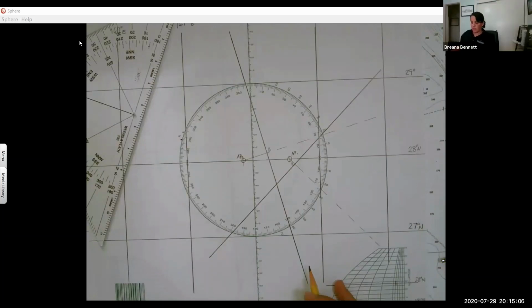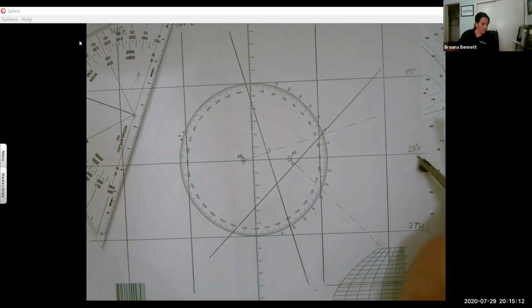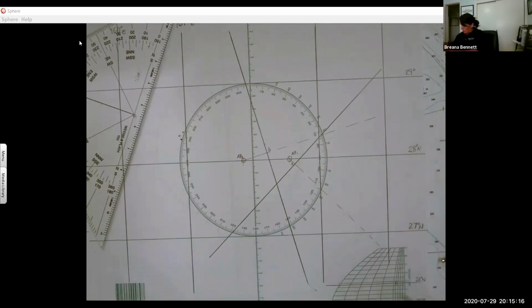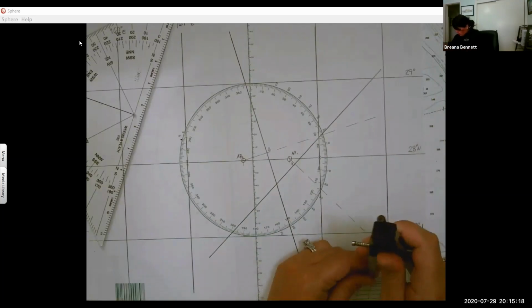Okay, so our third one, we have an assumed position of 28, same latitude line, 162 20. So let's find 20.